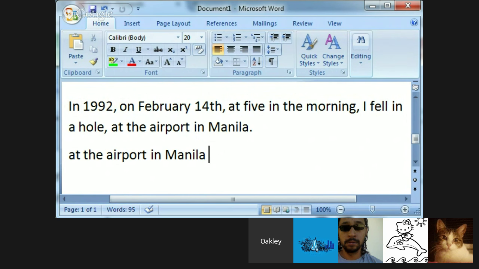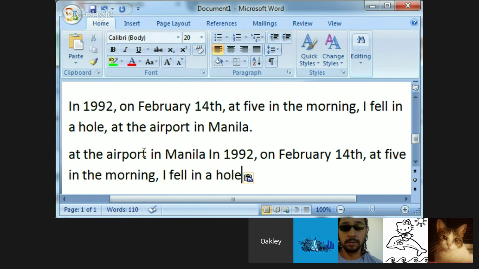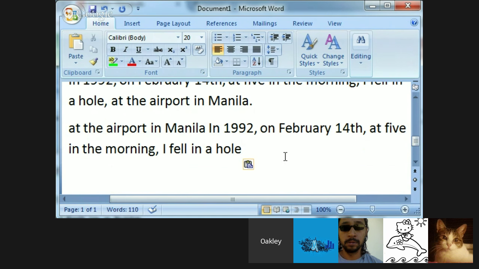At the airport in Manila in 1992 on February 14th, 5 in the morning, I fell in a hole. It is strange to do this. If we have multiple place and time prepositional phrases, technically speaking, I think you can do this, but it's just weird, and no one would ever do this.